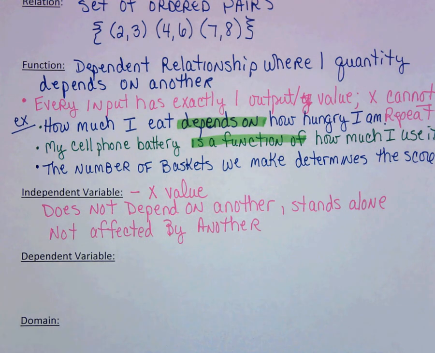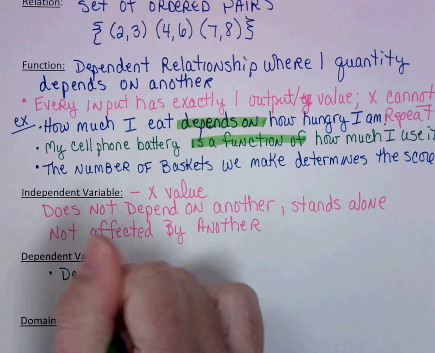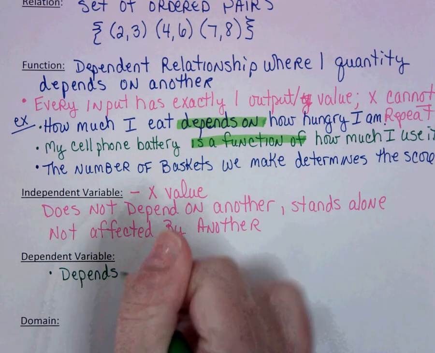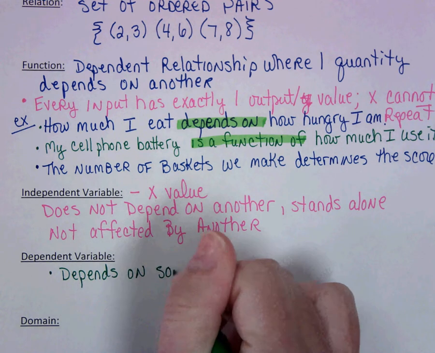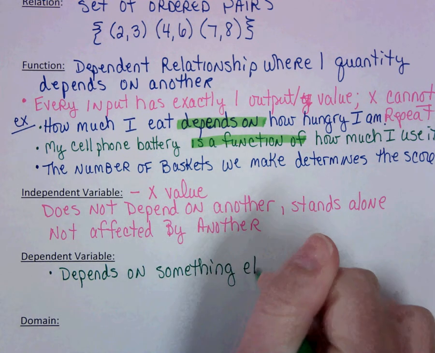At any point, if you need to stop to write and catch up, then please make sure you're using that pause button. Now the dependent variable, it does depend on something else.